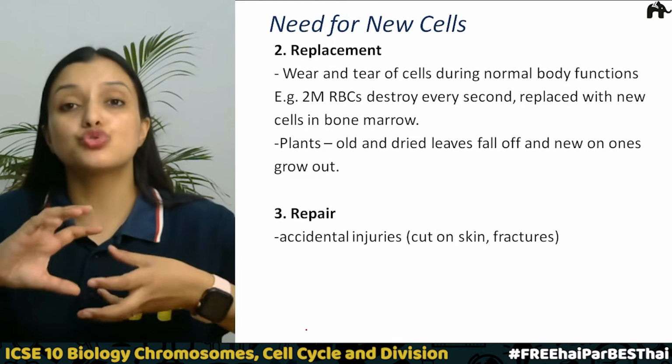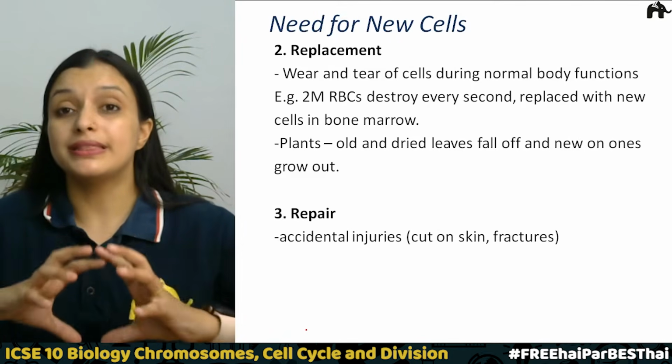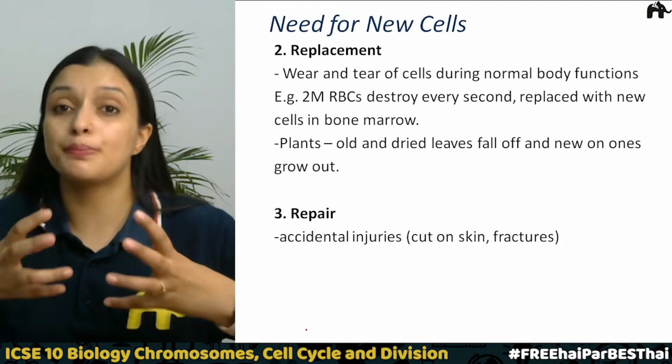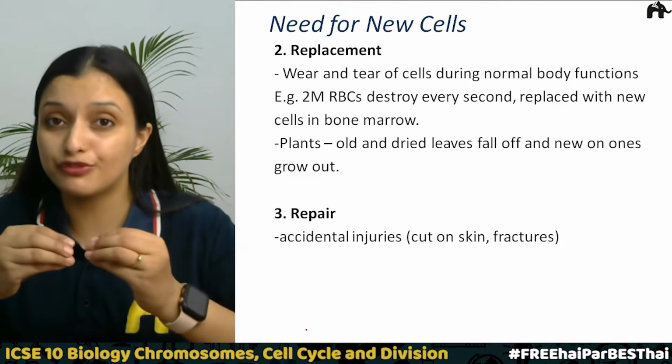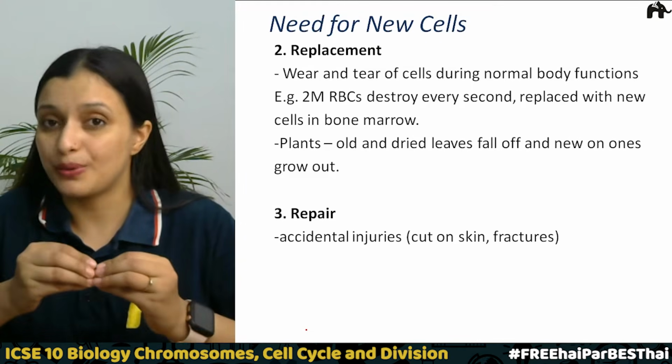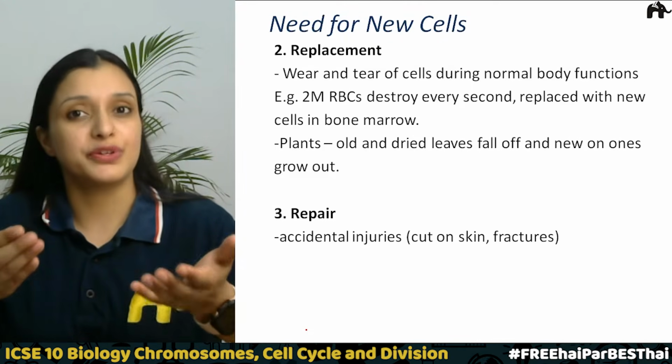We need cells to divide. When the cells divide, these broken cells get replaced and these gaps get filled only when there is cell division. So we need cells for repair too.